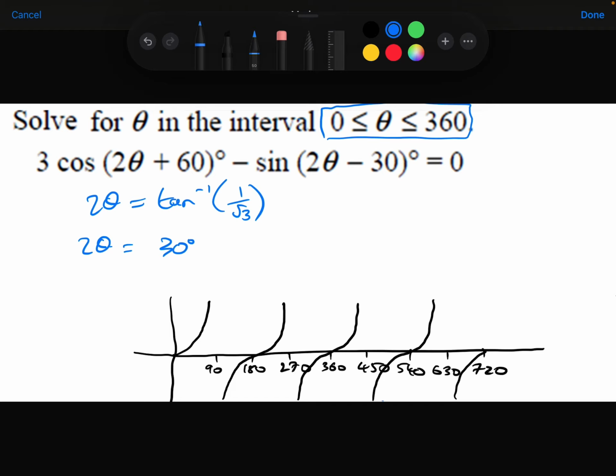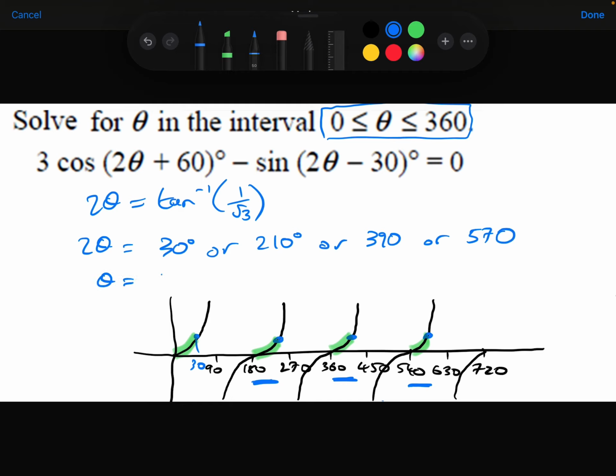Okay, so my first answer was 30, which was about here. So there'll be another answer here, another answer here, another answer here. That's 30. So this has to be 30, this has to be 30, this has to be 30. So I now want to do 180 plus 30, 360 plus 30, and 540 plus 30.